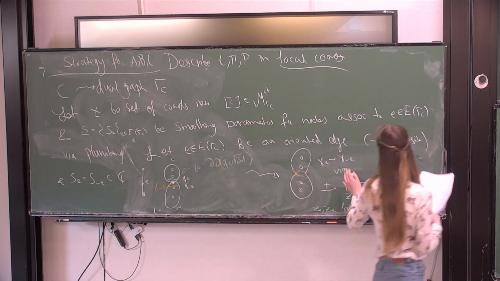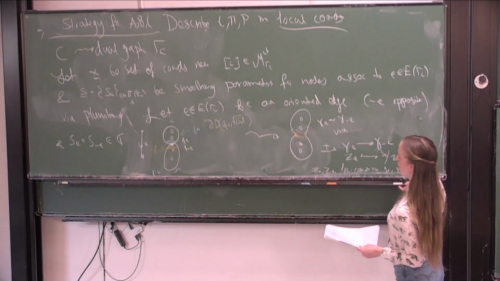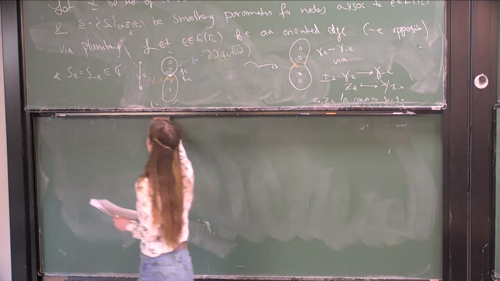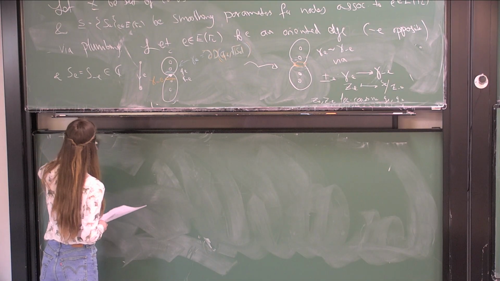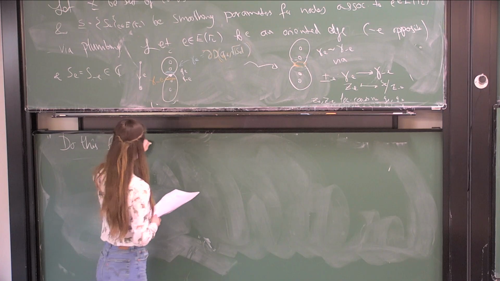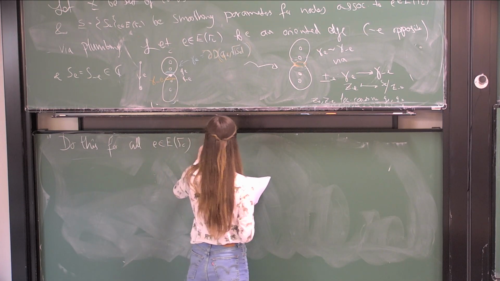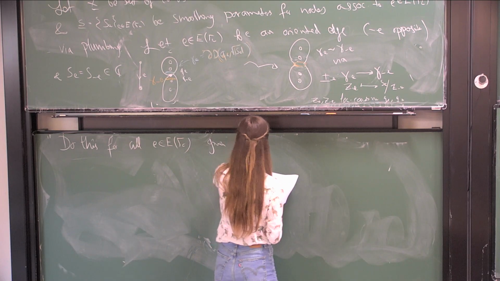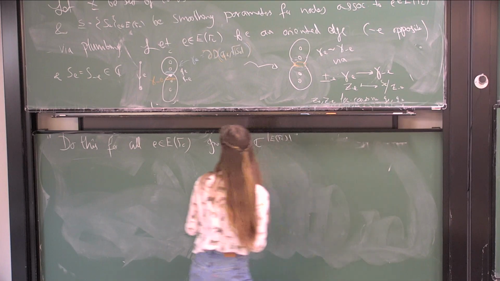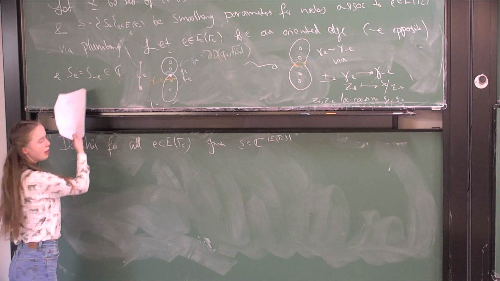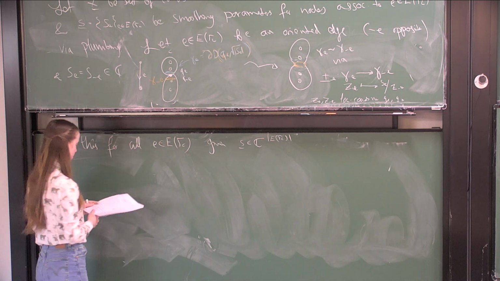And then you can do this for all edges in the dual graph, so that we obtain, for a given set of smoothing values for the smoothing parameters, a curve which is smoothed out accordingly.